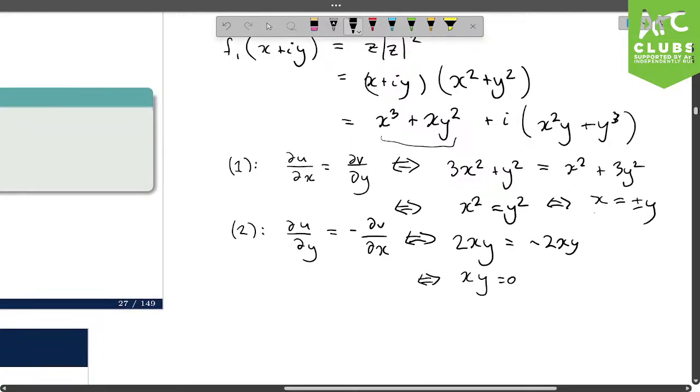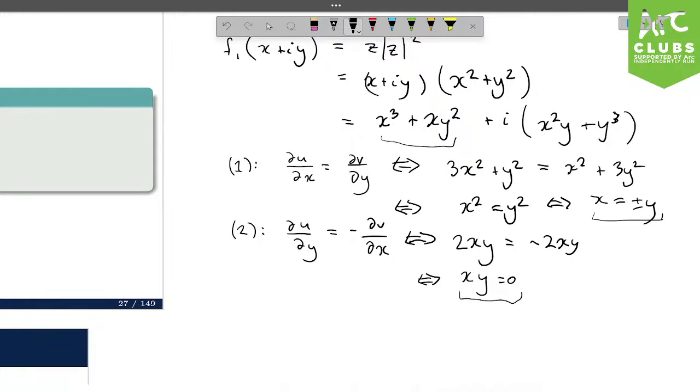So looking at our two conditions, x times y equaling 0 and x equaling plus or minus y, we get that 1 and 2 hold if and only if x equals y equals 0. So what does that mean?